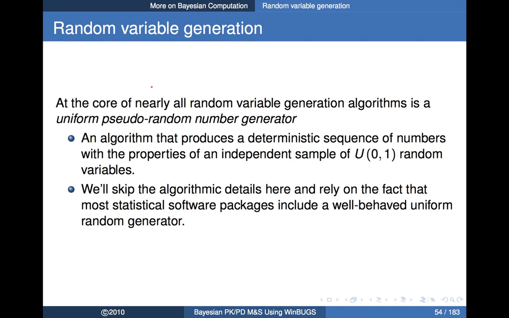If anybody's dying to look at the guts of those things, I can certainly direct you to some references that talk about the algorithms for uniform random number generators. But for the most part, let's just take that this uniform pseudo-random number generator is a given.